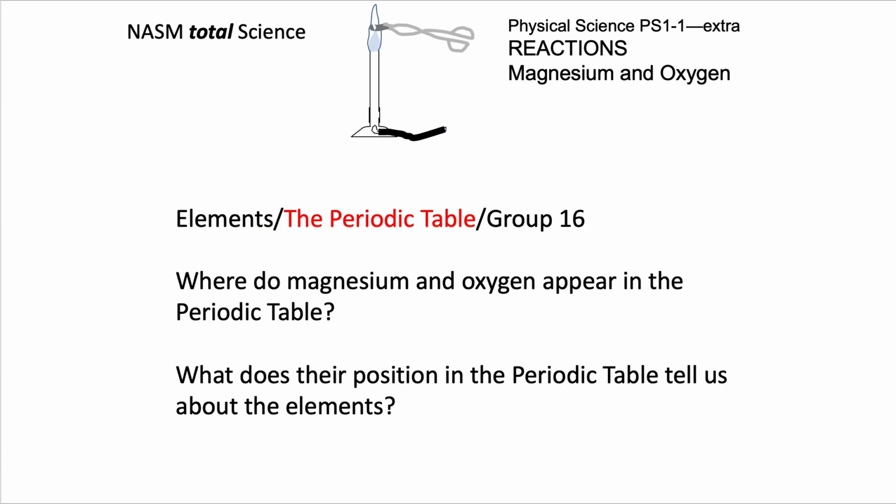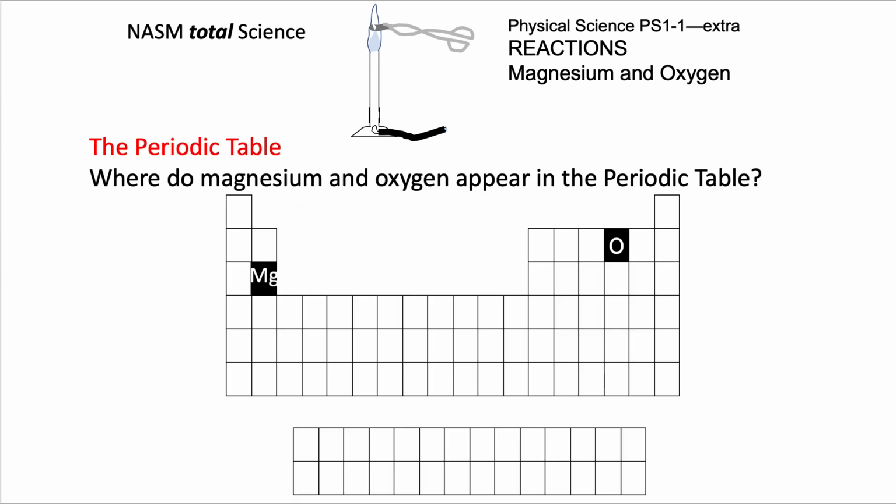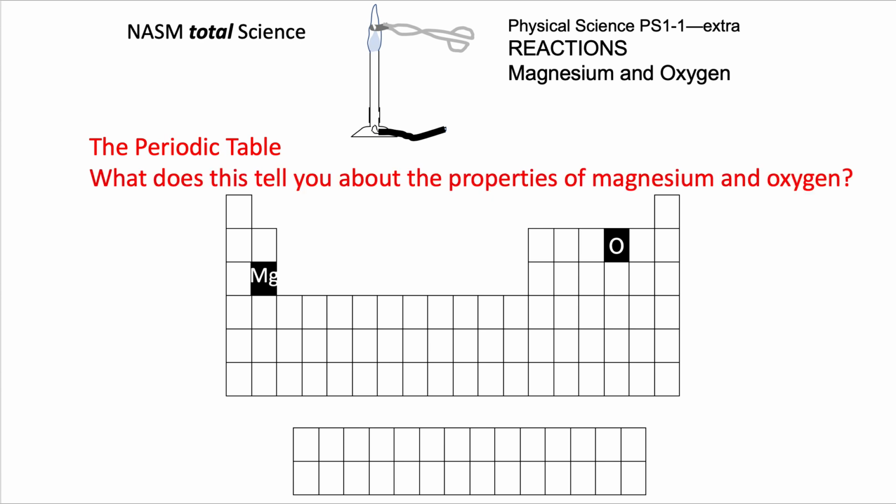And where do magnesium and oxygen appear in the periodic table, and how does the position in the periodic table let us know more about the properties of those elements? We have one in the left-hand column, which we can call the s block, and one towards the right, and that would be in the p block.